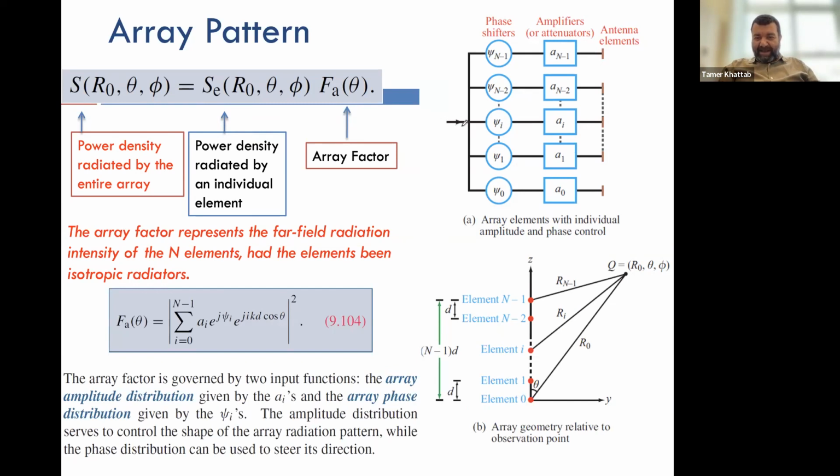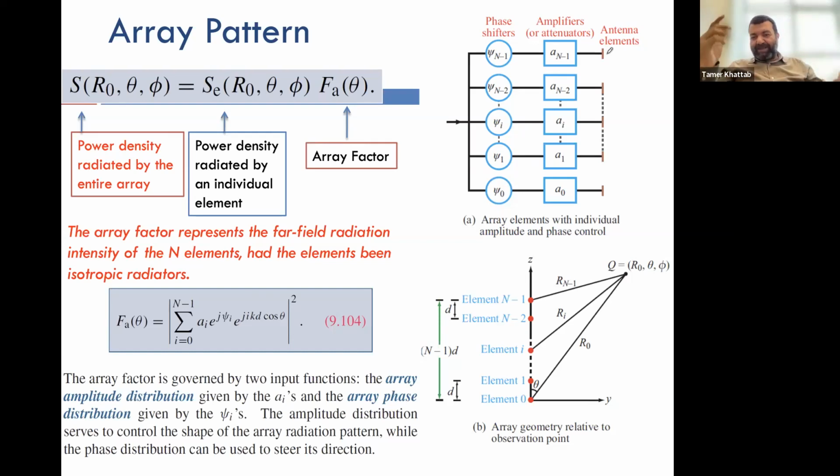Now, the same signal goes through all these antennas with some modifications in the middle. If each antenna is receiving a different signal, that's a different topic. It's outside what we are looking at here. That's called the MIMO, the multi-input, multi-output system. If that happens at the transmitter only and the receiver has a single antenna, it's called MISO, and so on, right?